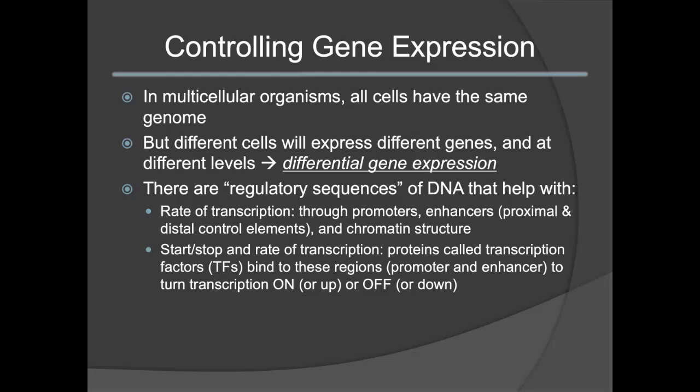In this level of control, we have proteins that are called transcription factors. Transcription factors are important for binding to specific regions on the DNA, such as promoter regions or enhancer regions, and they will act to either turn transcription on or off, and once again, they can also upregulate or downregulate the rate of transcription, thus affecting and controlling gene expression.